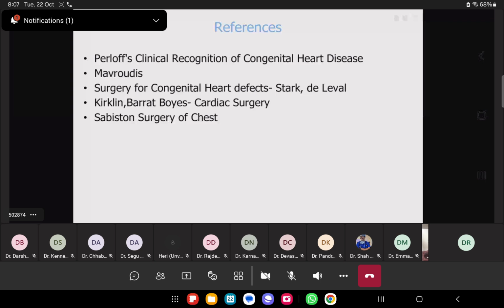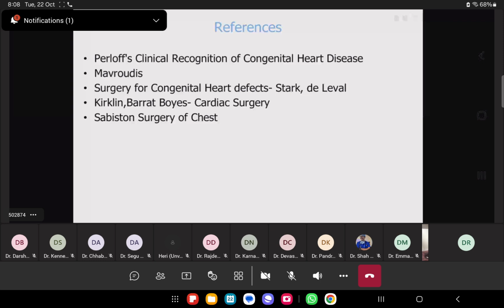What I suggest is, when you take a topic, you should have seen at least 1 or 2 cases before you talk about the surgery. When you read before, then see a case, and then present a seminar, it makes much more sense. Now, with TAPVC, one of the important things is to know the presentation.